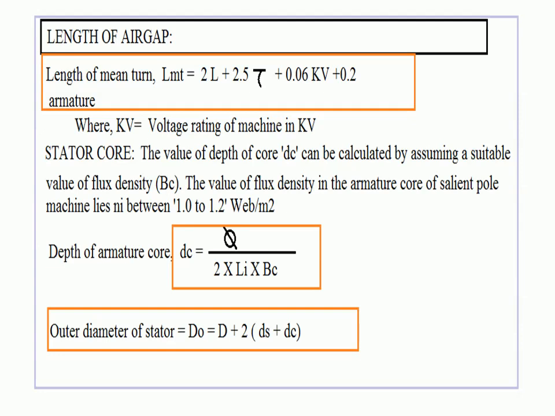Then the outer diameter of stator D naught equals the stator bore diameter D plus 2 times the depth of slots plus 2 times the depth of core. If you draw the circle, you get 2 times the depth of slots and 2 times the depth of core.